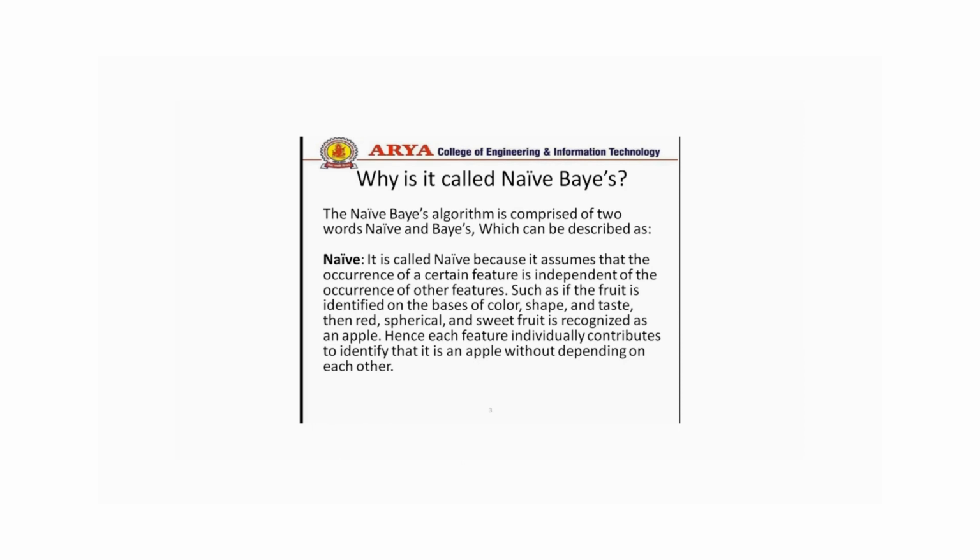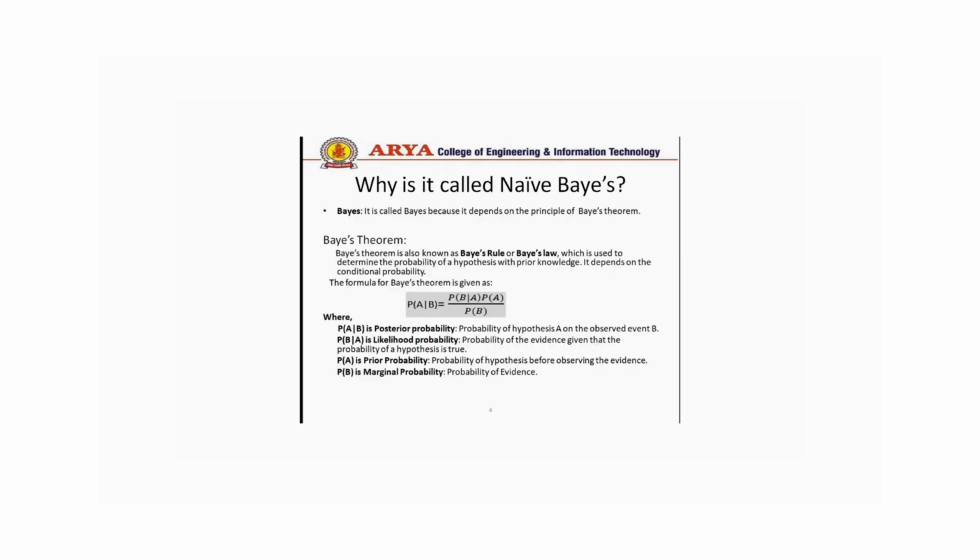So on the basis of shape, taste, color, and size, the relationship finds the categorization or the occurrence of the object. Why is it called naive Bayes? The second part is Bayes.